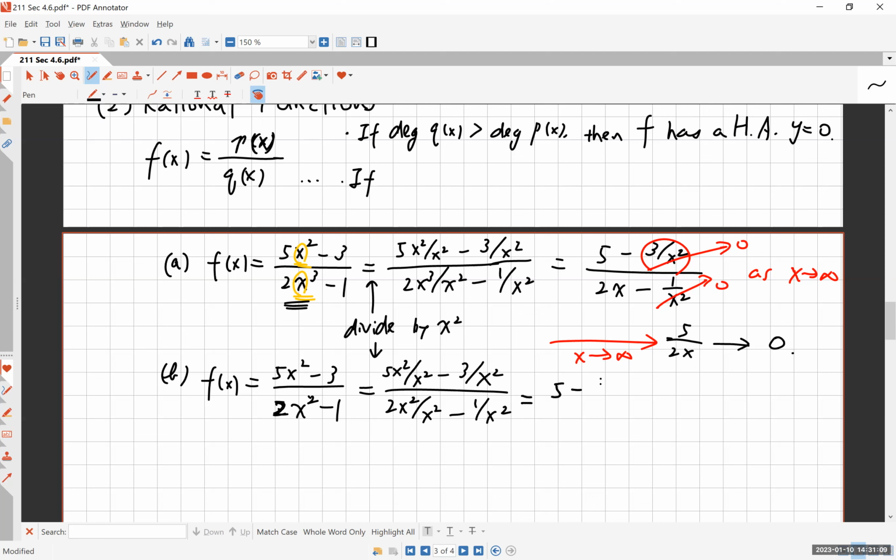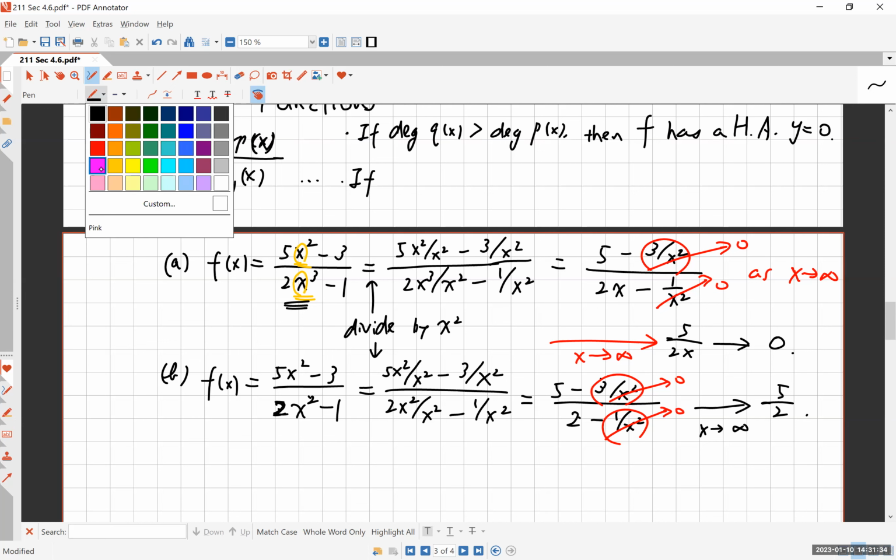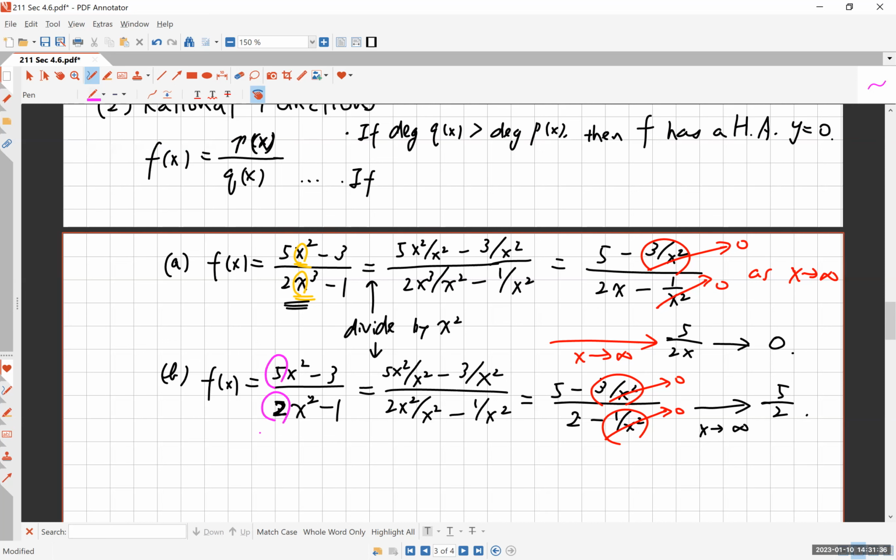That's 5 minus 3 over x squared, 2 minus 1 over x squared. As x approaches infinity, this goes to 0, this goes to 0. And so as x approaches infinity, this becomes 5/2. Where did 5 and 2 come from? Well, clearly that came from the leading coefficients.